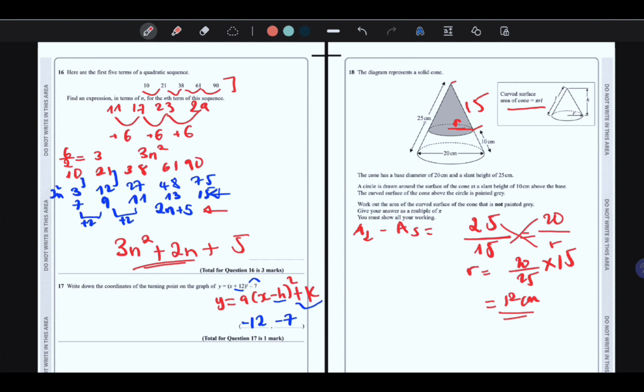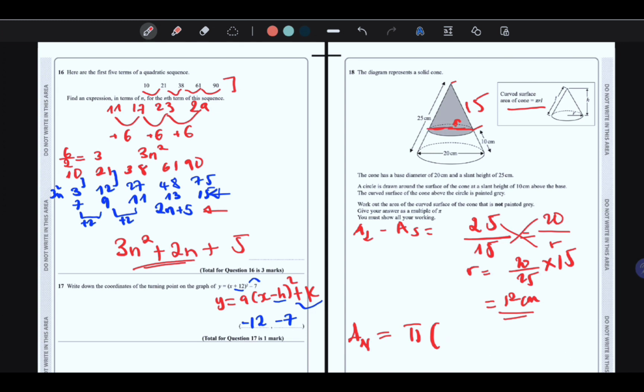Now we can go ahead and find the area of the part which is not shaded. So we're going to just call that AN, the area of the part which is not shaded, by working out the area of the large cone, which is pi times radius. Its radius will be 20 divided by 2. Hold on.